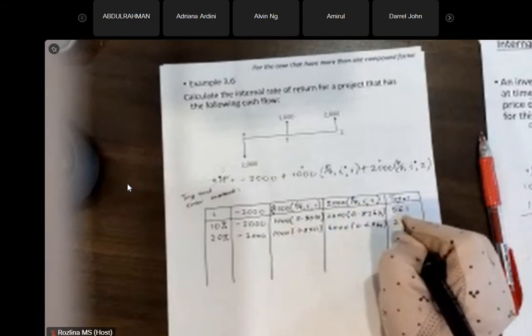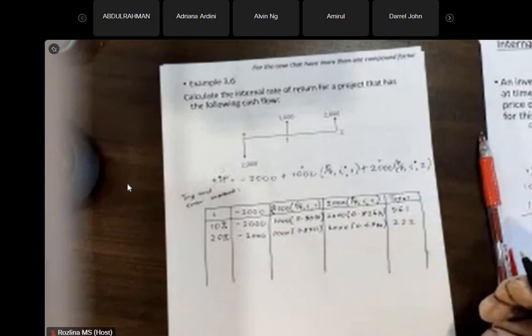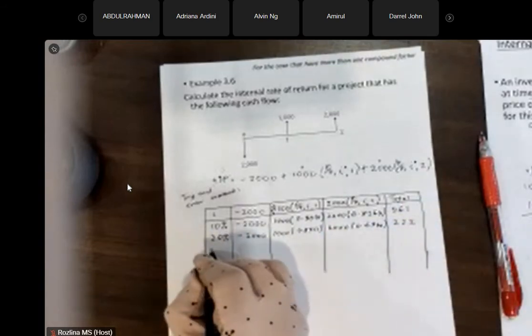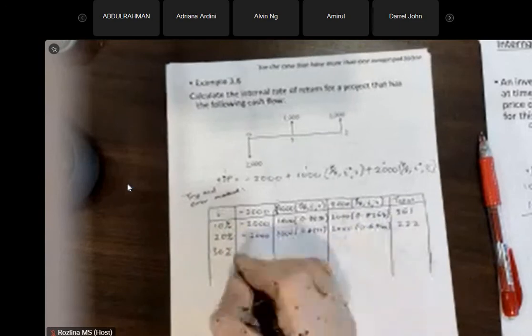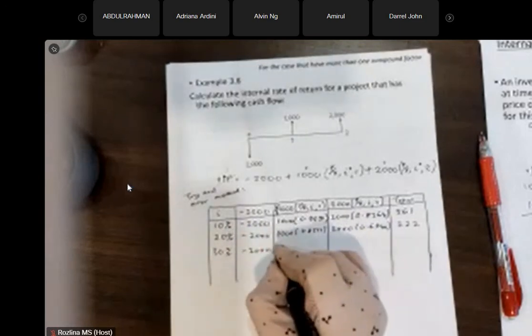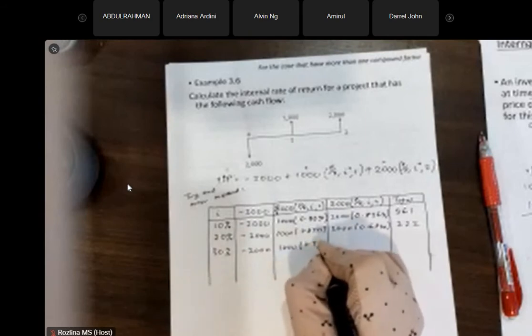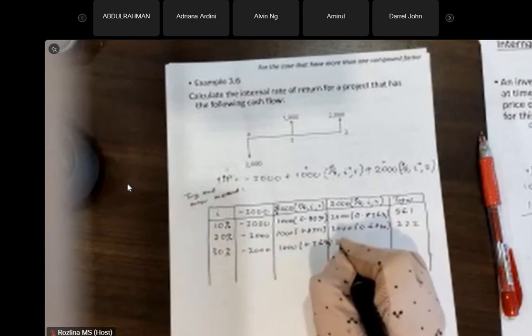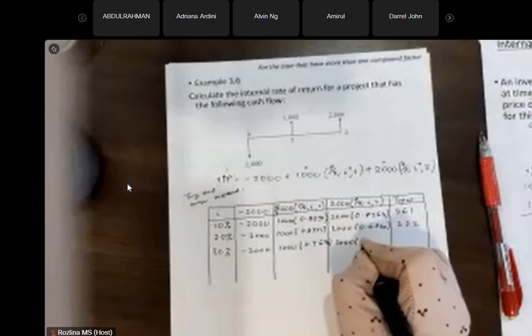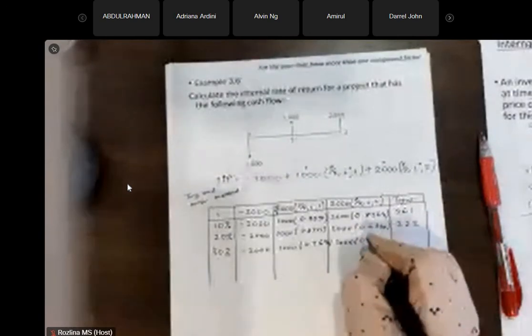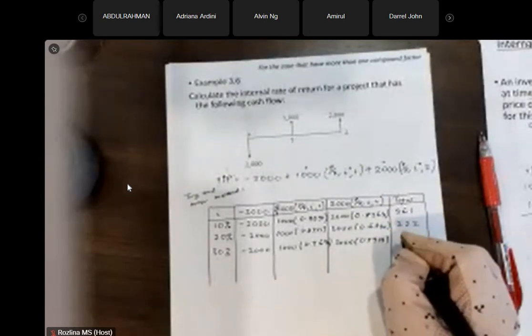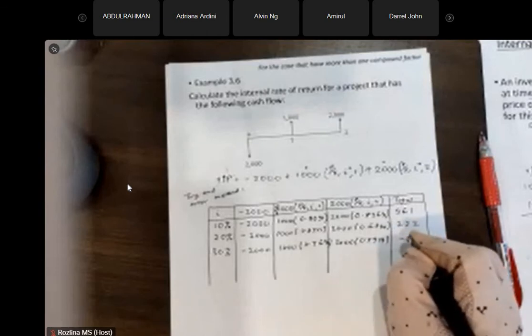So you will get 222. Okay, go to the 30%. Okay, negative 2,000, 1,000 times 0.7692, 2,000 times 0.5917. Okay, you will get negative 47.4.